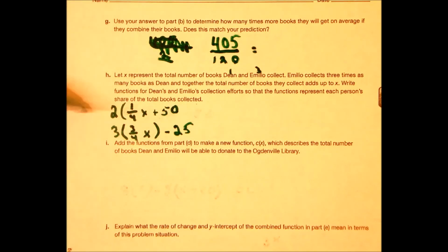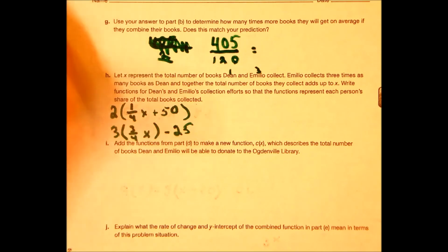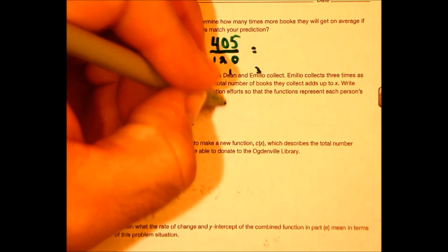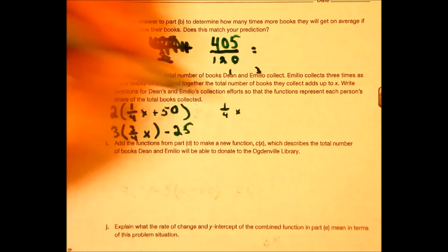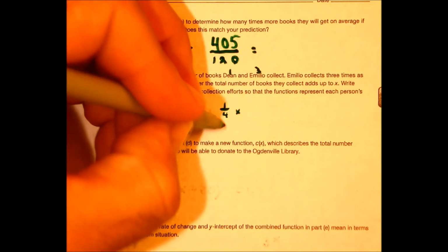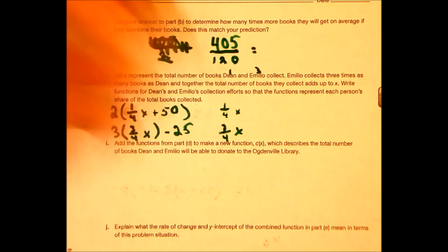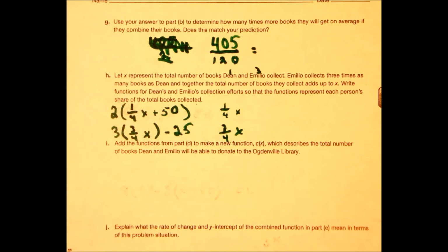This is still that original problem. The only thing that's missing is we've now added a rate of change to compare between these two people. So the comparison between their two rates is Dean is 1/4 x and Emilio is 3/4 x. And that's the rate of change between the two of them.